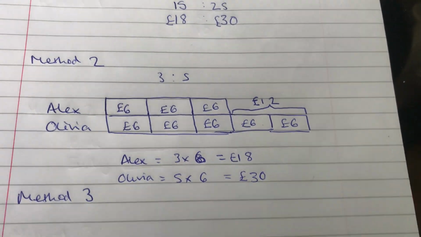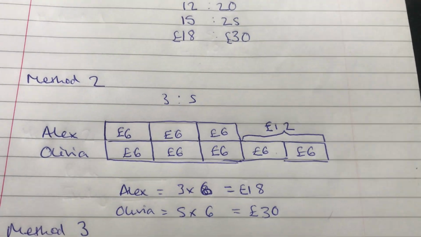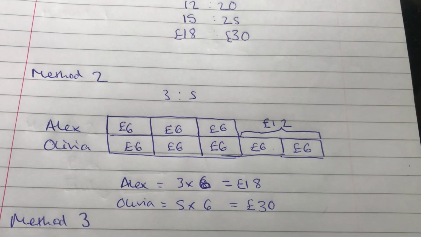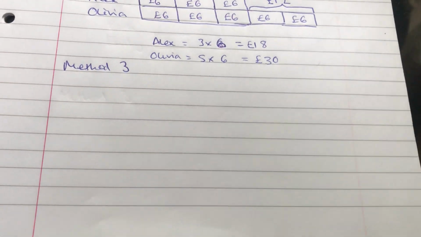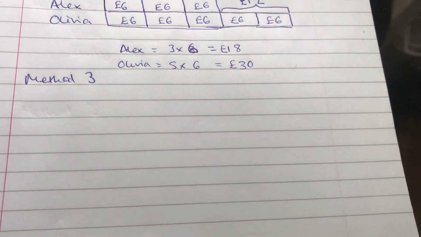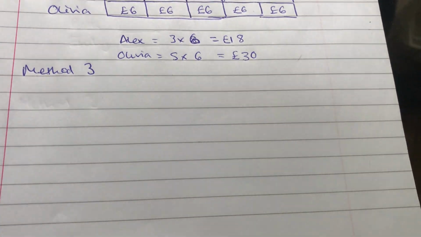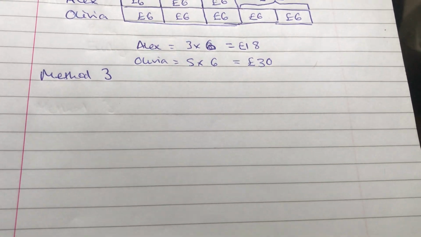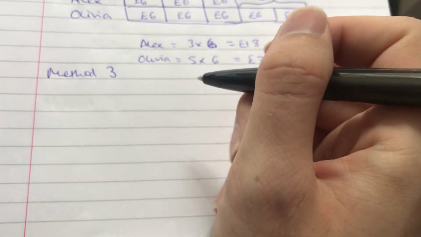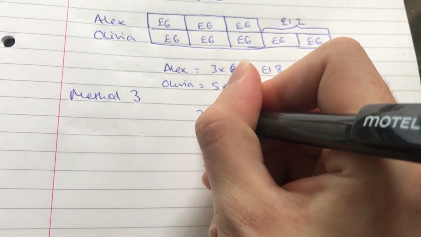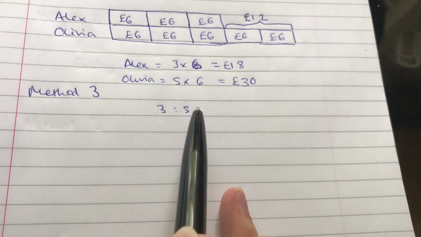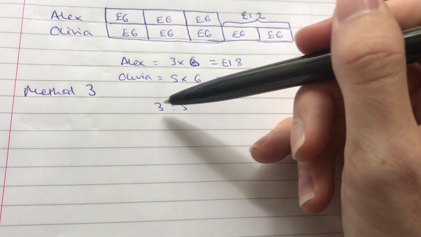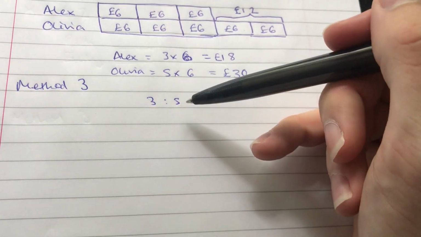Again, this is a good method, but it can start getting complicated, drawing out diagrams for every single thing. So our third method is probably the quickest of the three, but obviously needs an understanding of the others to get it. From our ratio 3 to 5, we should be able to think about the difference between the two parts.